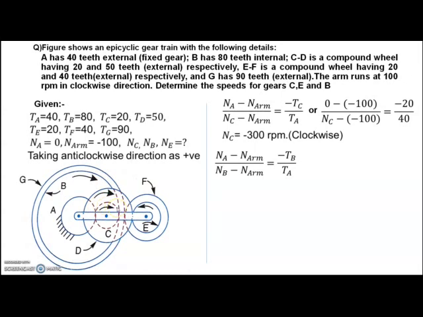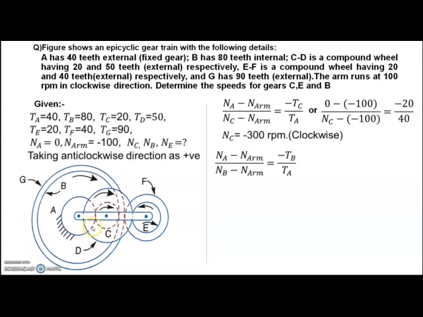Here one thing to be noted for algebraic method, what caution we have to take. B and C is compounding. C and D is compounding, that means on same shaft. So C and D we cannot write the relation because C and D will have same speed. Moreover, you cannot write the relation of A and E also because there is a compound, and compound means breakage here. That is the only thing you keep in mind.